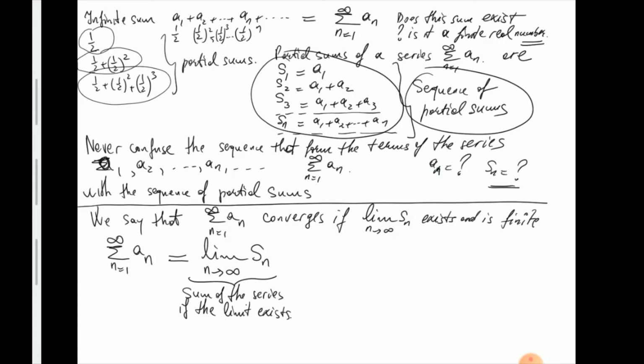So the summation of an converges if the limit of the partial sums, which again remember stands for a1 plus a2 plus ... an, exists. If this limit exists, then the sum of the series exists. Otherwise, we say that the series is divergent.